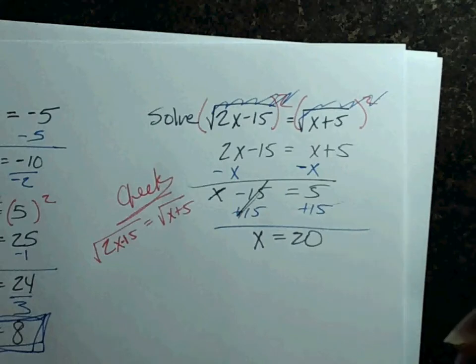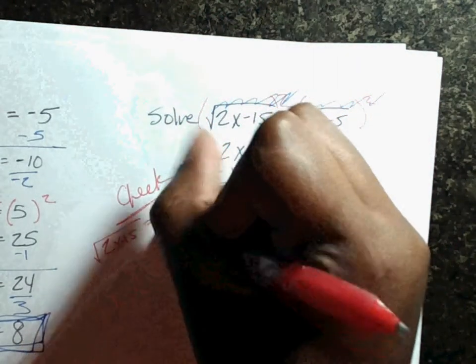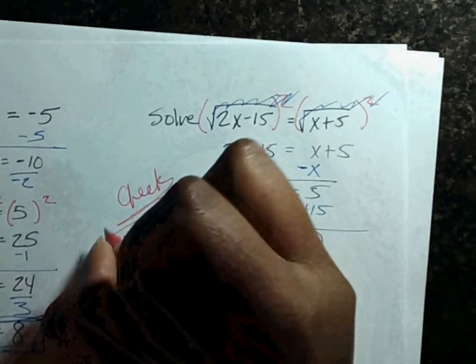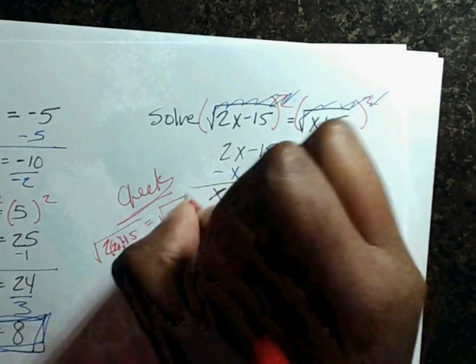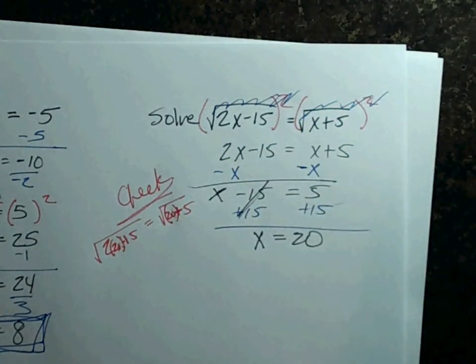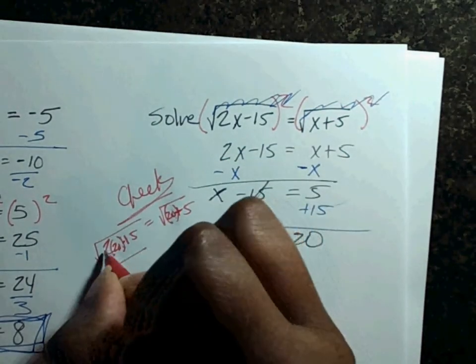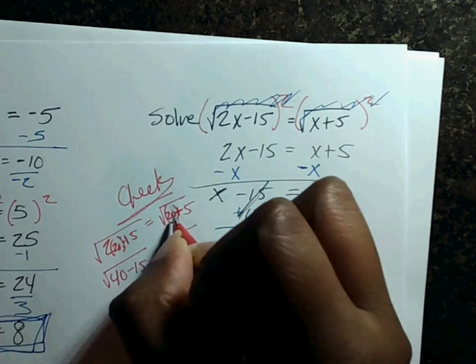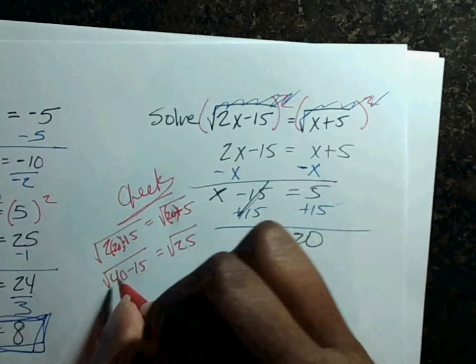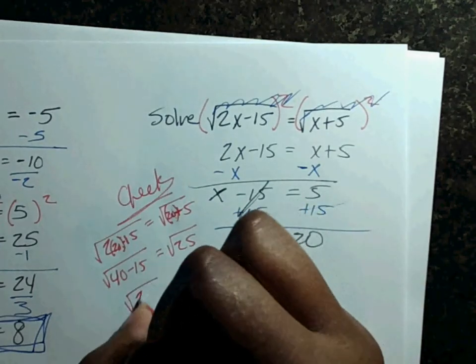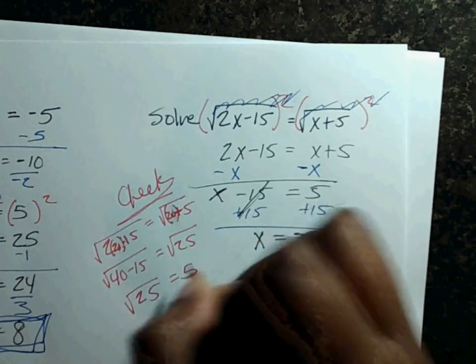That was my original. Instead of x, I need to put 20. Two times 20 is 40. 20 plus 5 is 25. 40 minus 15 is square root of 25 is 5.